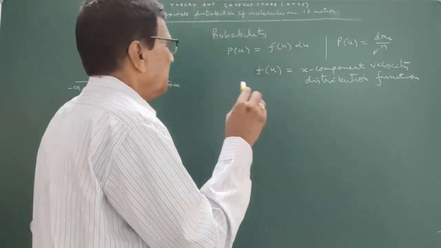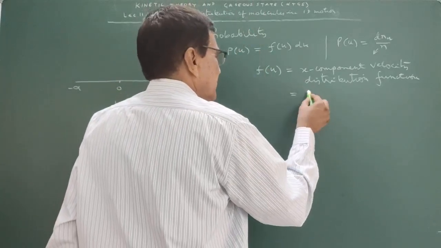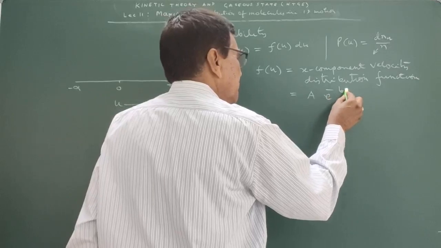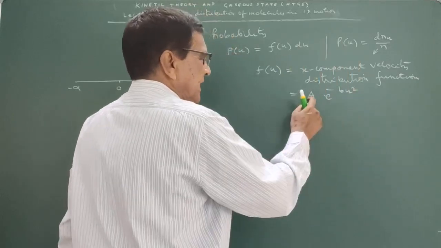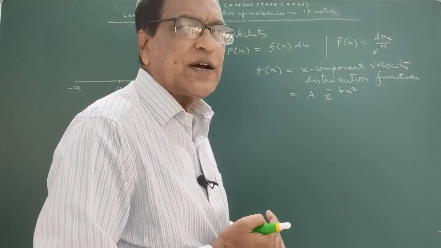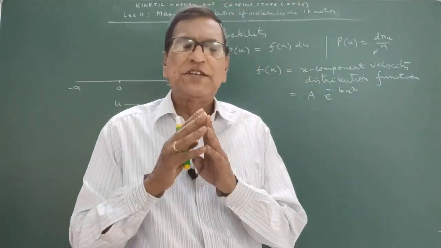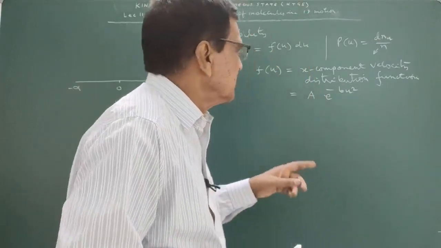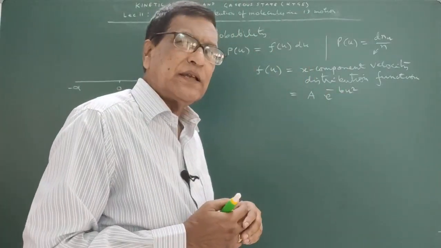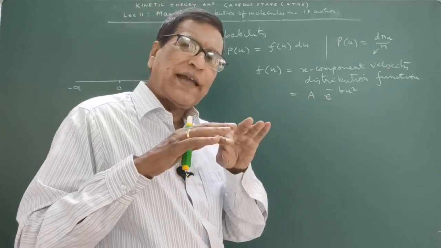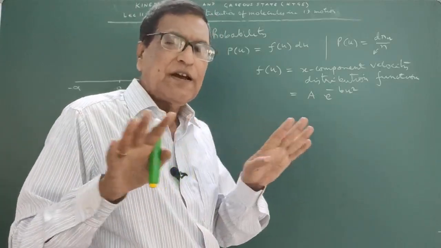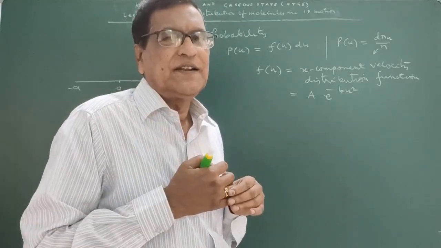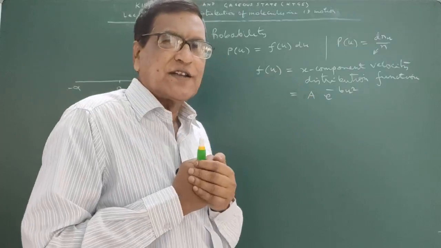And already we have defined this one as A e to the power minus b u square. A and b, these two are constants, and depend on the nature of the gas and the temperature. This A and B, in this case also, we can evaluate from the normalization condition of this distribution function.